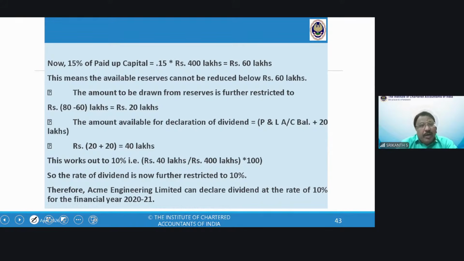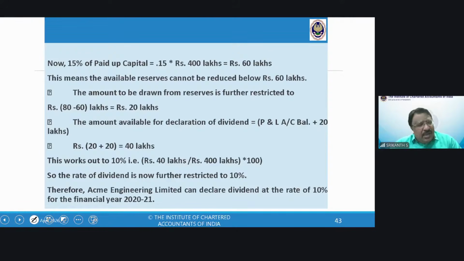So 20 I can take from reserve, and 20 I have already got in the P&L account. So total 20 plus 20, 40 lakhs is the amount I can use, which on 400 becomes 10%. Therefore, Acme Engineering Limited can declare dividend at the rate of 10% for the financial year 2021.